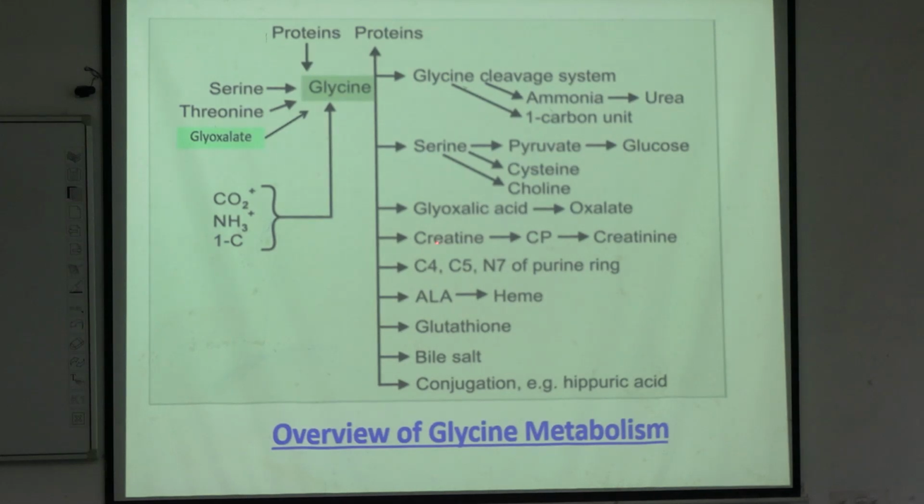Now another thing is the creatine. Creatine is produced from glycine. I will show you how it is formed. And from creatine, creatinine is produced, and that creatinine is excreted in the urine. Another important thing, this C4, C5 and N7: you see the purine ring, if you remember, the purine structure is just like this.